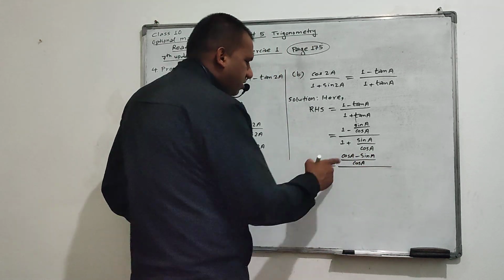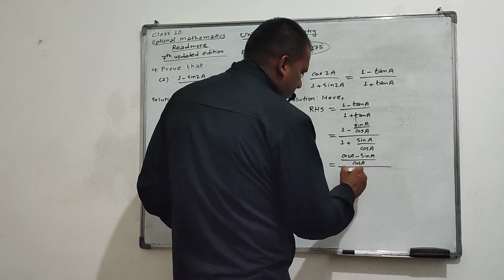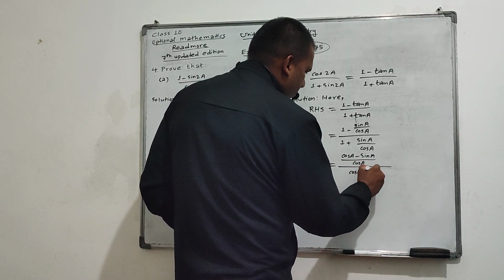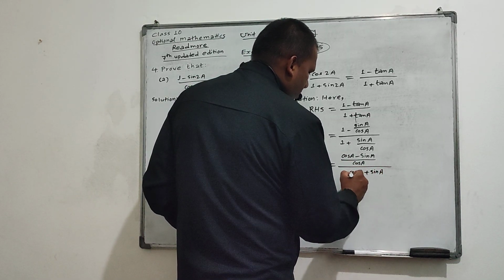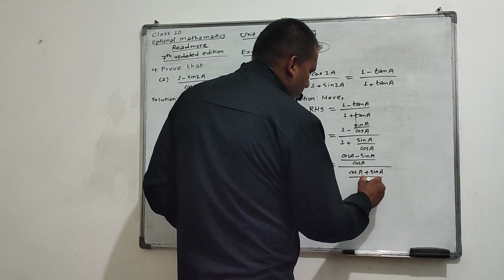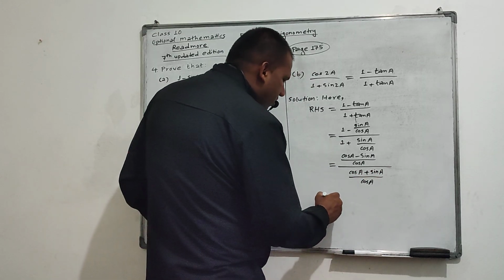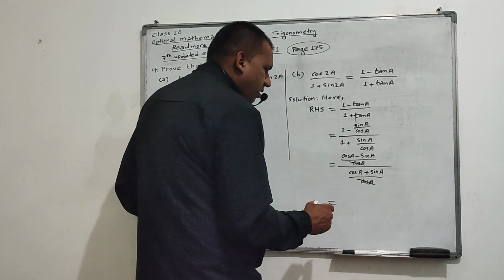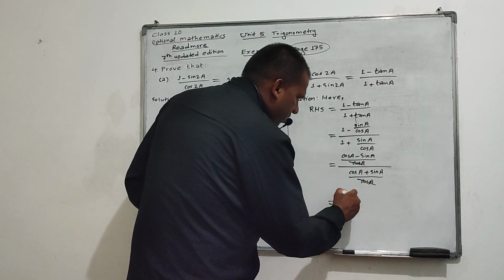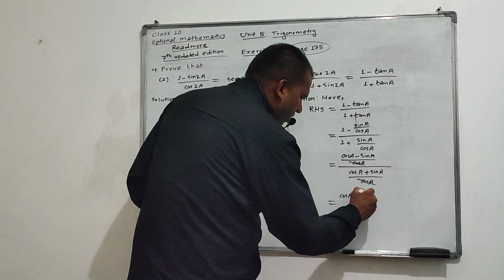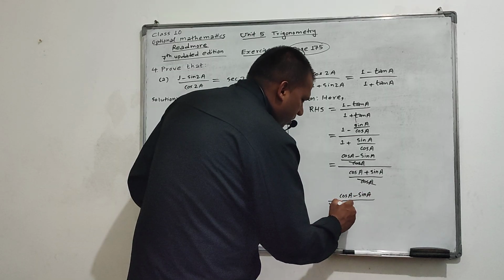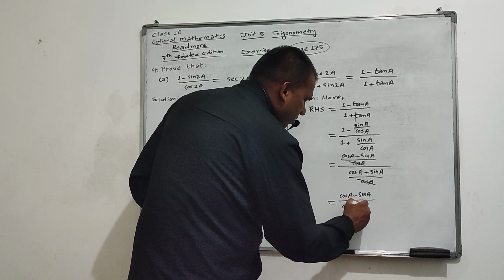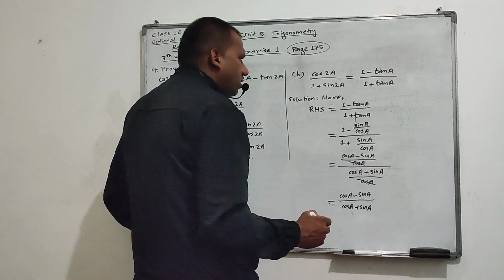Similarly, taking the LCM on the denominator, we can write (cos a plus sin a) whole upon cos a. The cos a cancels out, remaining (cos a minus sin a) whole upon (cos a plus sin a).